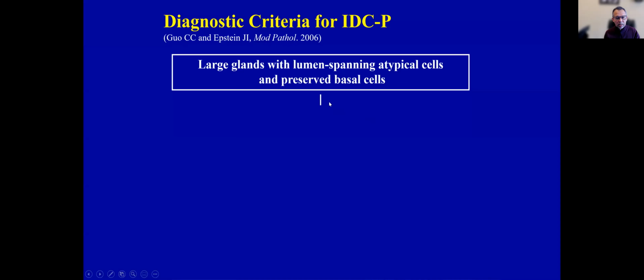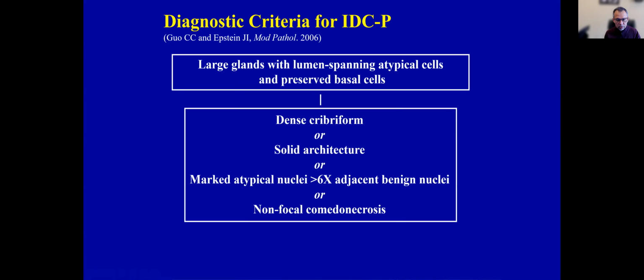So when you see large expansile atypical glands with lumen-spanning cells and preserved basal cells, if it demonstrates any of these four features, either dense cribriform proliferation, solid architecture, marked nuclear atypia in which nuclei are 6 times larger than adjacent benign nuclei, or non-focal comedonecrosis, then you can make a confident diagnosis of intraductal carcinoma.